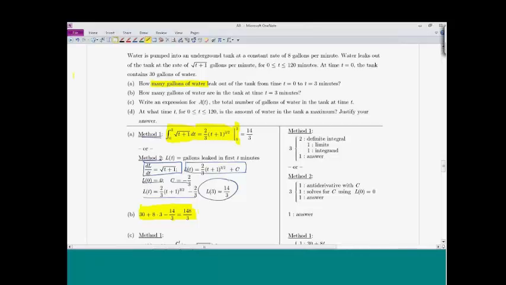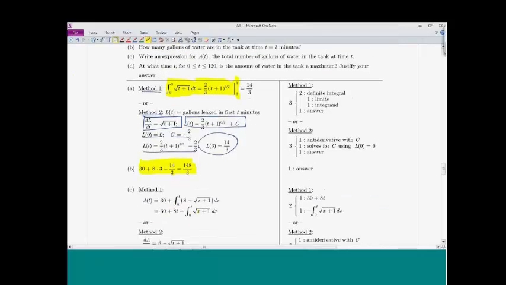So then they wanted you to do that in general after that, and they asked up here in part C, which is going to go off the screen in a minute, to write an expression for the total number of gallons of water in the tank at any time T. And again, they gave two methods.